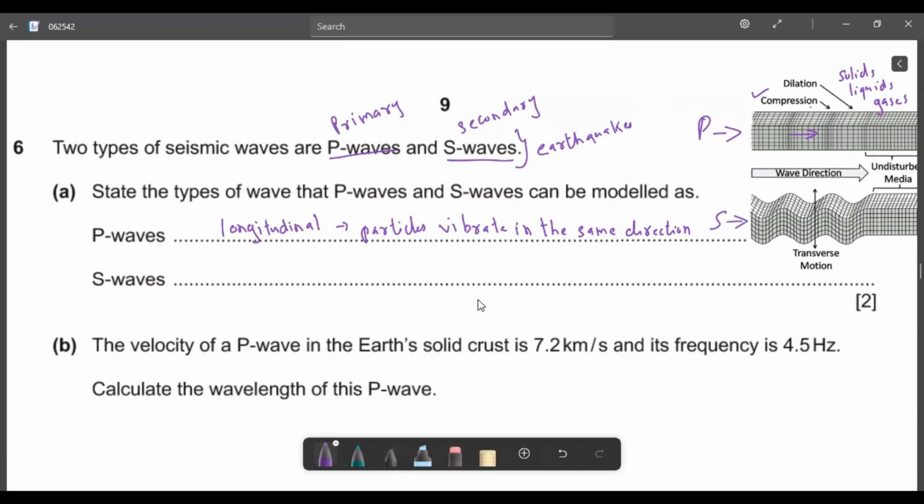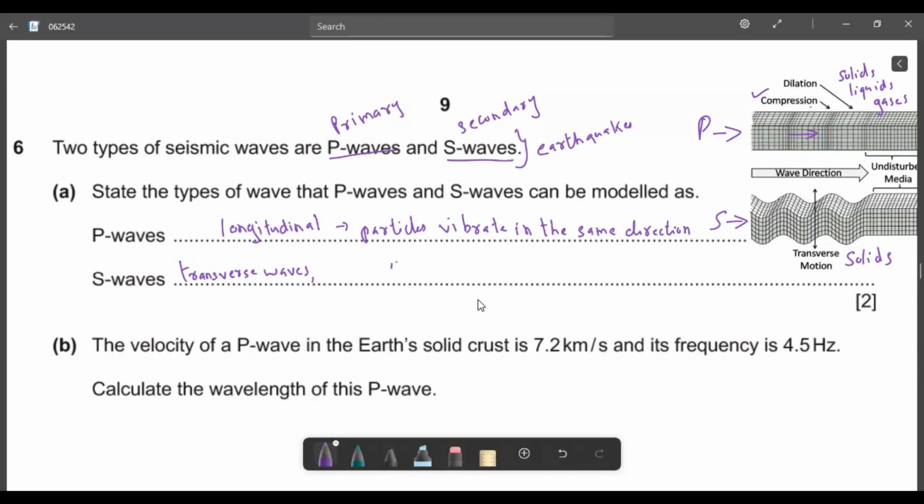And in the case of S waves, they are shear waves or secondary waves that propagate only in solids. They can be modeled as transverse waves, because of the perpendicular movement of particles to the direction of wave travel.